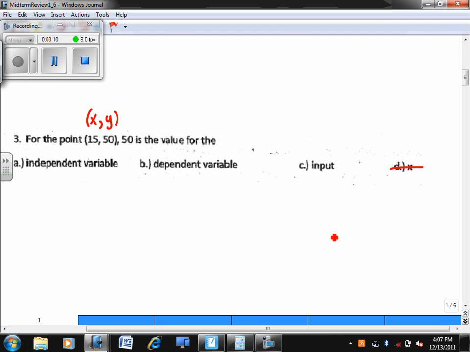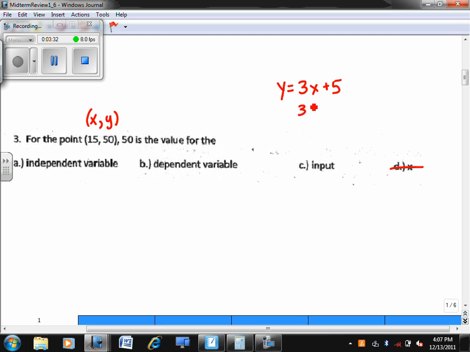Okay, what do we put in? Well, let's think about this. Any equation that we could have. Y equals 3x plus 5. Just any equation that's linear, in this case. Well, we put something in for x.